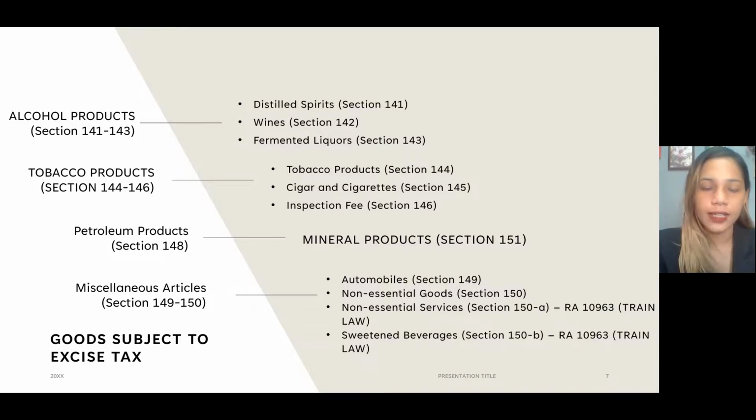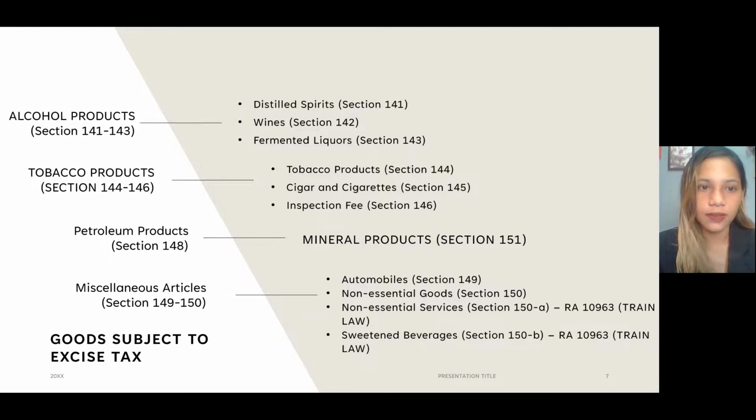Petroleum products, on the other hand, are under section 148, mineral products under section 151, and lastly, the miscellaneous articles, which are the automobiles, the non-essential goods, non-essential services, and the sweetened beverages, which are under RA 10963 or the TRAIN law.